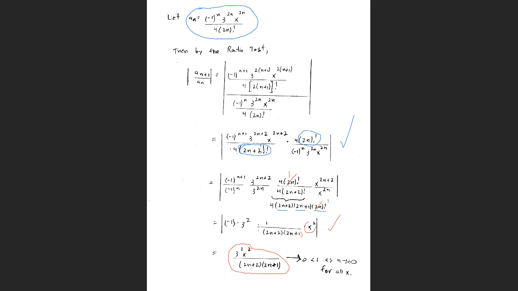And so as n gets large, this ratio goes to 0 for any x value. And therefore, the interval of convergence is going to be all real numbers, negative infinity to infinity.